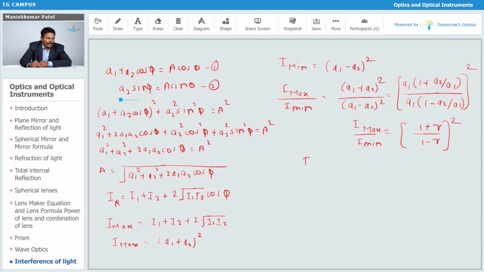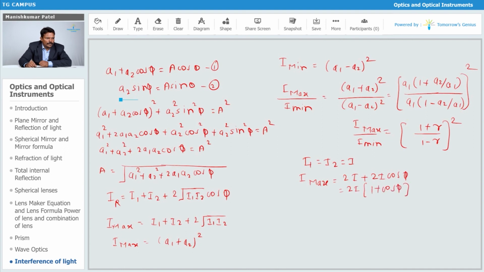In case I1 is equal to I2 is equal to I, then what is the maximum intensity that you will get? If it is the same, then definitely that is 2I plus 2I cos phi. Taking 2I common, 2I into (1 plus cos phi).